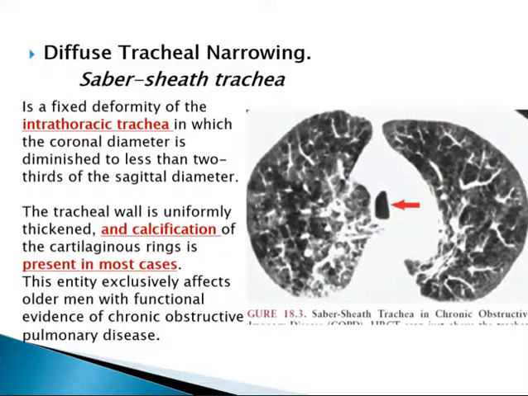This entity almost exclusively affects older men with functional evidence of chronic obstructive pulmonary disease, as shown in this picture, and it's clear that this is the coronal diameter, which is diminished too much in comparison to the sagittal diameter of the trachea, and this is chronic obstructive pulmonary disease lung.